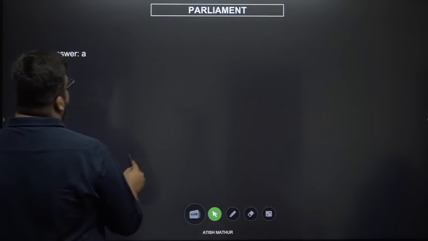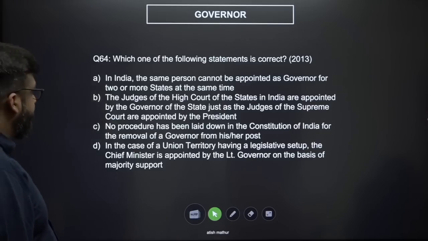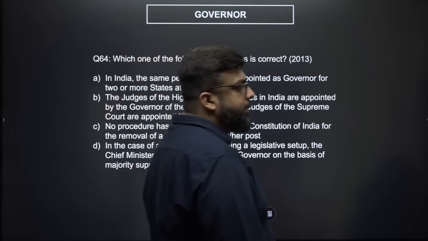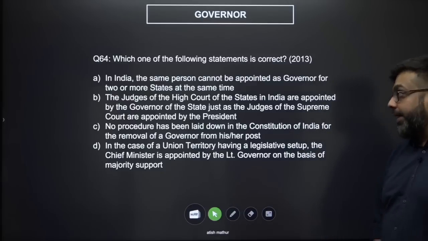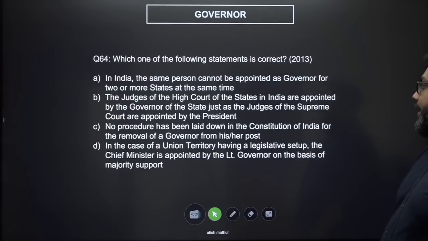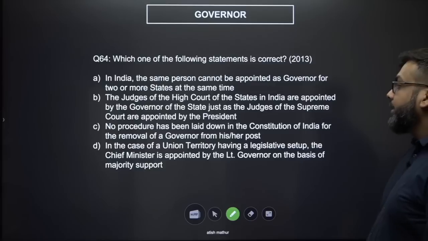Okay. Next, 64. Which one of the following statements is correct? In India, the same person cannot be appointed as governor for 2 or more states at the same time. The judges of the High Court of the states are appointed by the governor, just as the judges of the High Court or judges of the Supreme Court are appointed by the President.